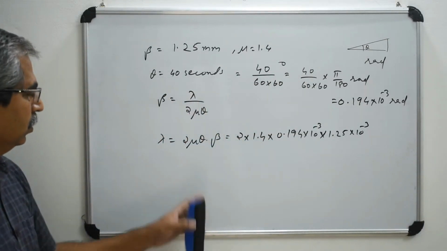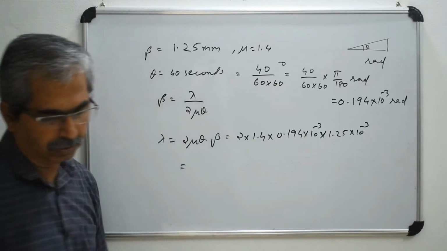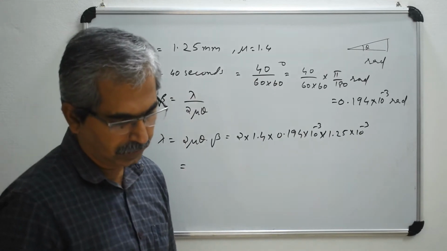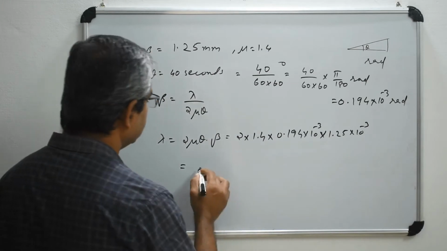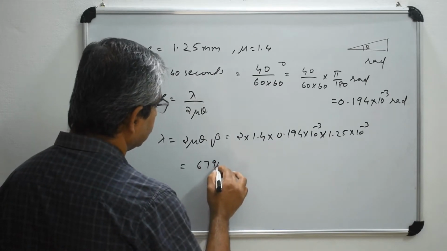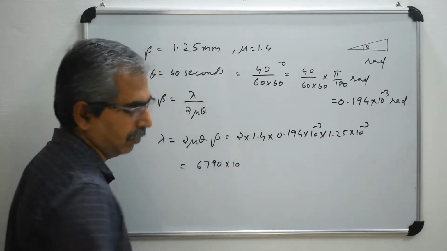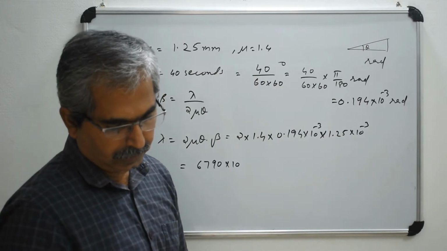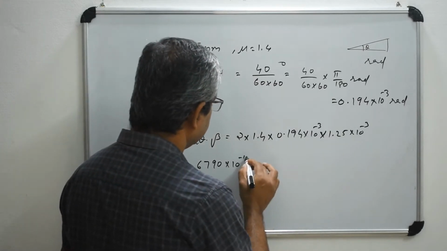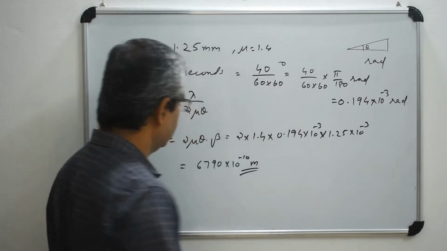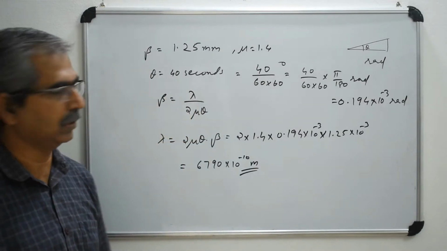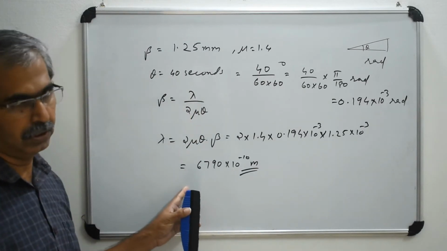The value obtained is 6790 into 10 to the power of minus 10 meters. So 6790 Angstrom unit is the value of lambda obtained.